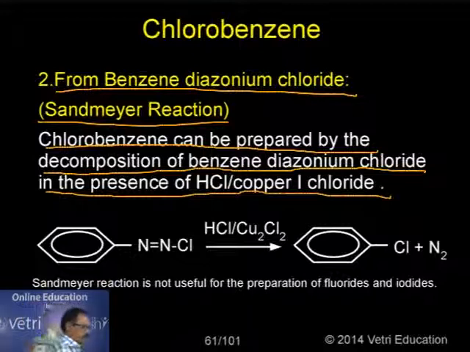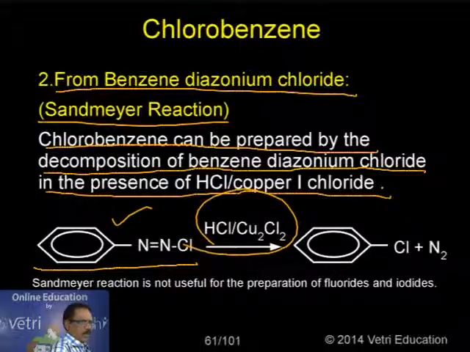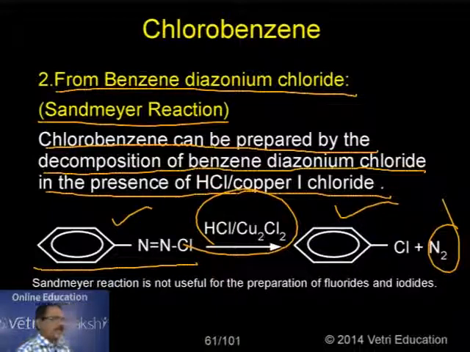This is the stoichiometry: C6H5N≡N Cl, diazonium chloride. When you treat it with HCl in presence of copper(I) chloride, I get chlorobenzene and nitrogen is eliminated. This is the most important reaction, called the Sandmeyer reaction.